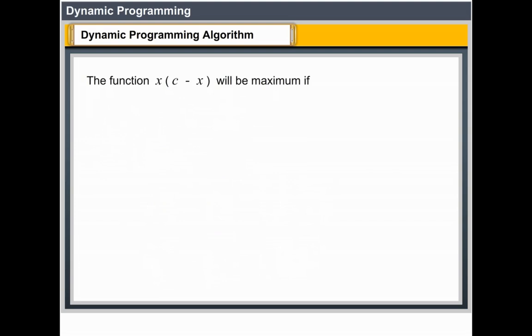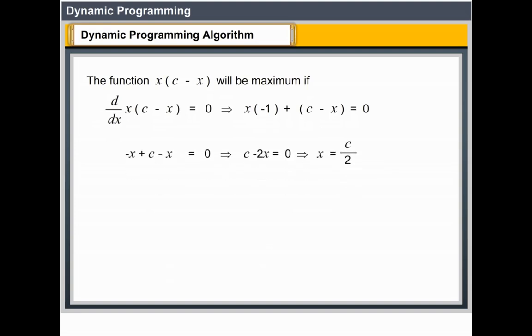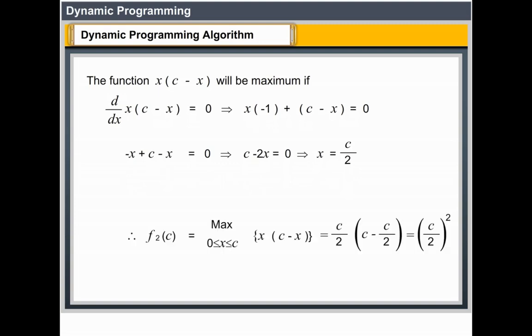The function x(c minus x) will be maximum if d/dx of x(c minus x) = 0. This implies minus x plus c minus x = 0, implies c minus 2x = 0. This implies x = c/2.